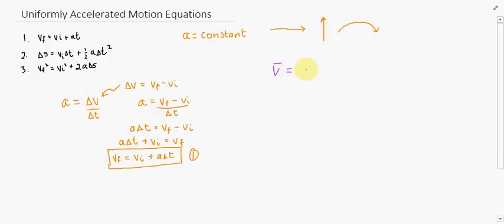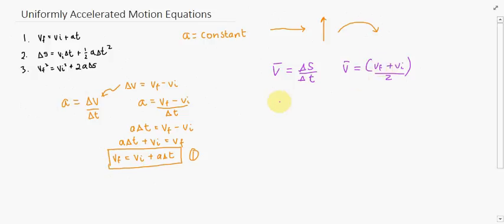So average velocity is defined as the change in distance, whereby we'll denote distance with an s, divided by the change in time, but also average velocity can be defined as the final velocity plus the initial velocity between 2 points divided by 2. That's another way of looking at an average. So since average velocity is equal to this change in distance over time, average velocity can also be defined as this final velocity plus initial velocity over 2.